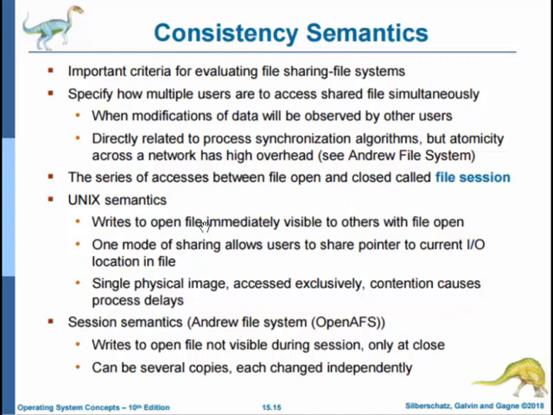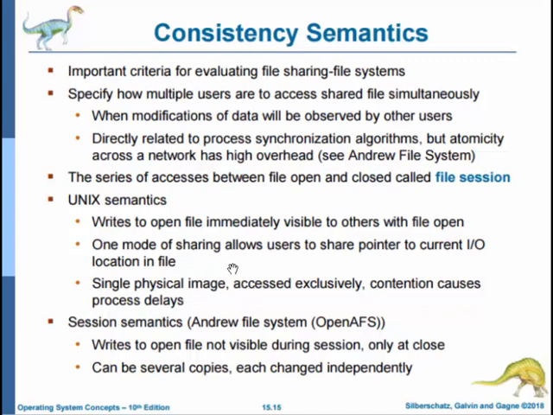Now we also have what we call UNIX semantics, and it uses the following consistency semantics. First, writes to an open file are visible immediately to other users who have this file open.